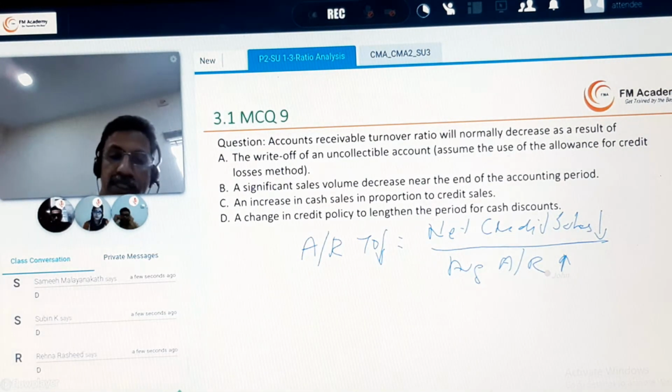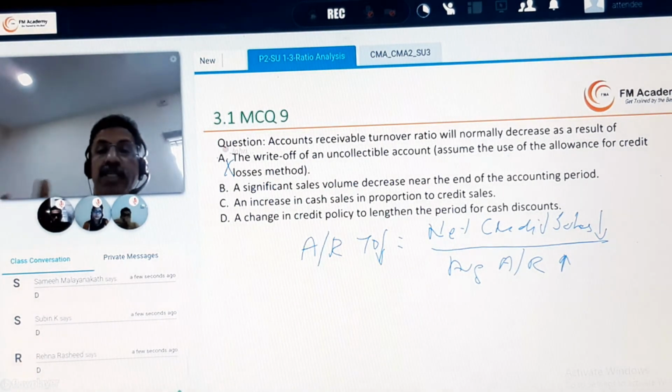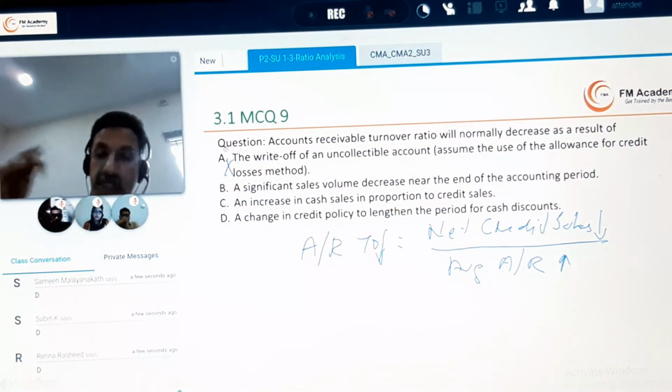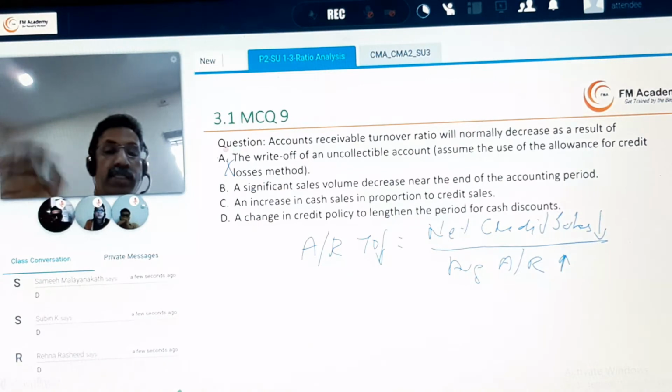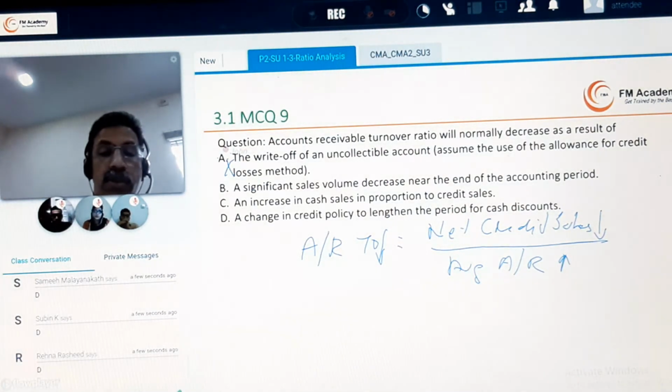So this is anyway wrong. Whether you assume or not, you are supposed to assume, because the allowances method is GAAP. Direct write-off is not GAAP. So it is given that you have to assume. So that's the impact on the ratio? The ratio will remain unchanged.